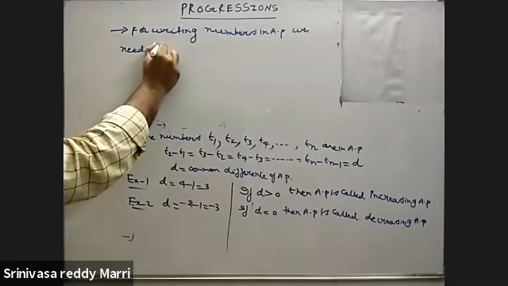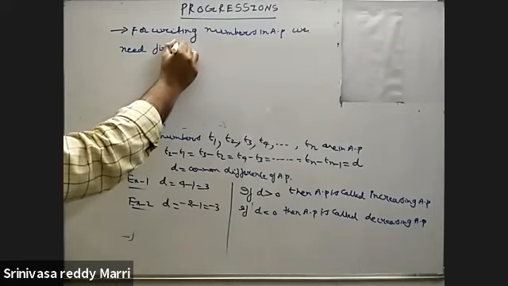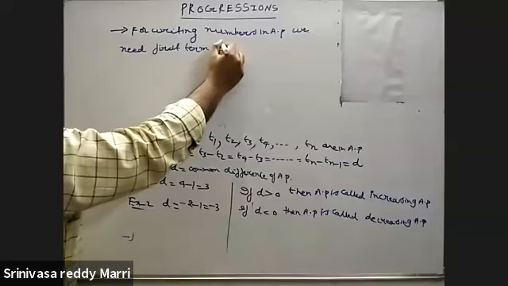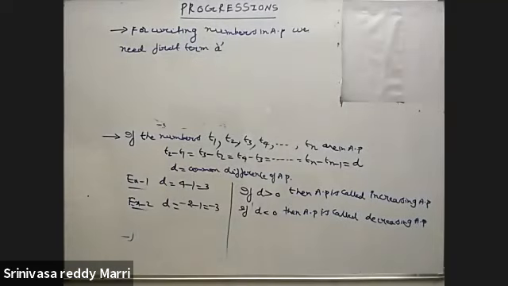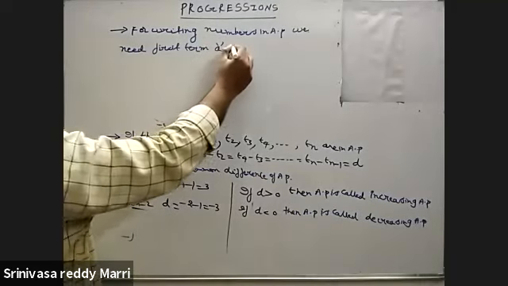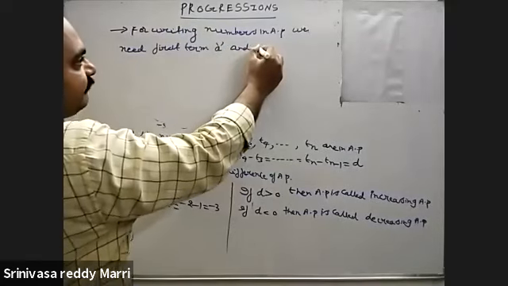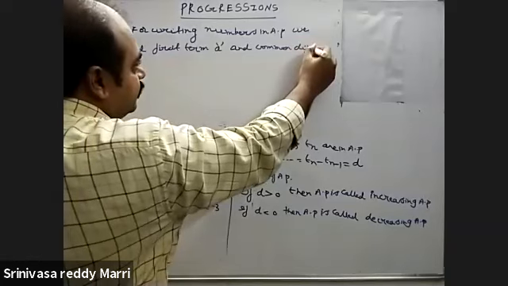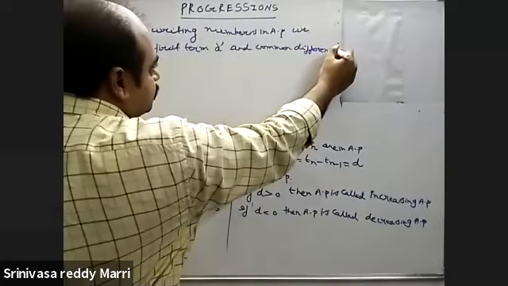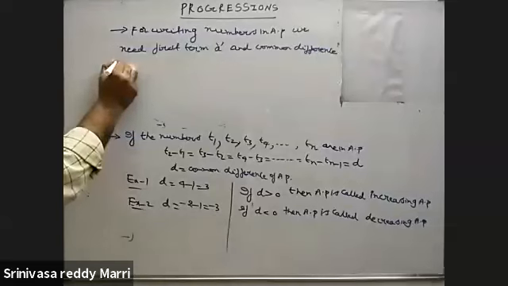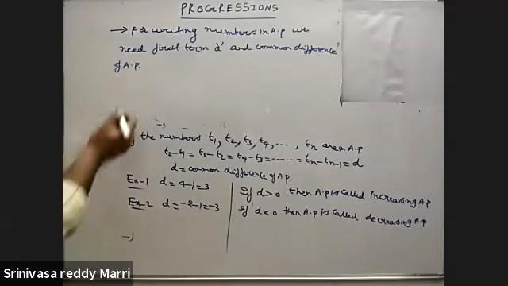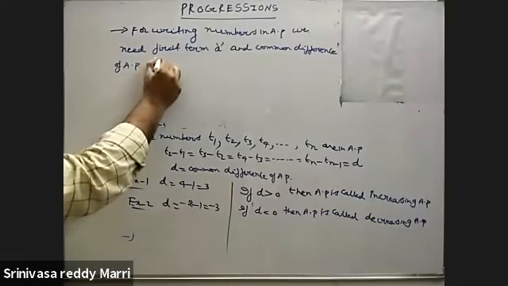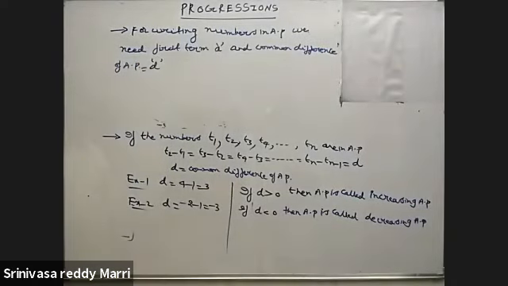We need the first term, that is called A. The first term in an AP is always called A. And we need the common difference of the AP. Common difference is called D.